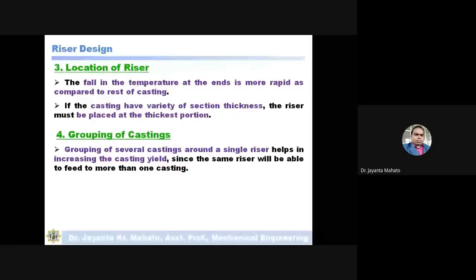So this casting yield can be increased by designing a grouping of risers. Grouping of risers means within a single riser you connect all the mold cavities, so that this single riser actually acts as a grouping of all those connected molds.